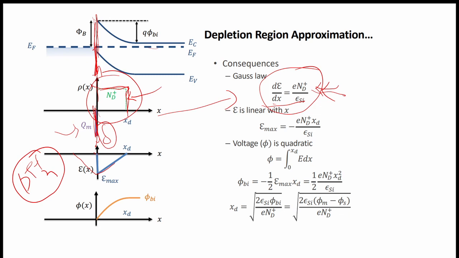So the electric field will be highest at this point, and it will decrease linearly to xd at this position. After this there is a neutral region, and the bands are flat, so there is no electric field at this point. It should be 0, so it is linearly decreasing.